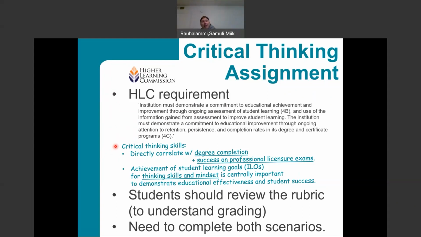And in this class, it's going to be your critical thinking skills. So this assignment was written to test how well you are able to extract information from data presented to you. How are you able to find what's important, what's not? How are you able to draw connections between different topics?